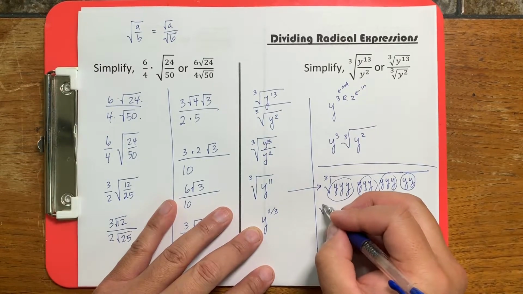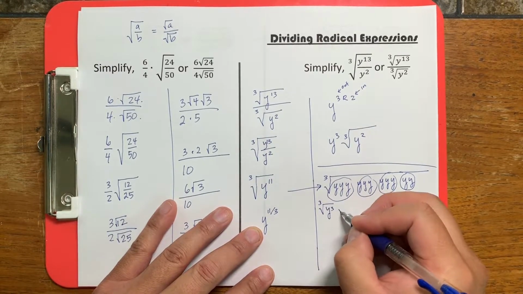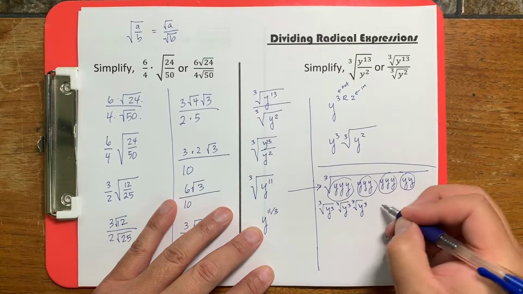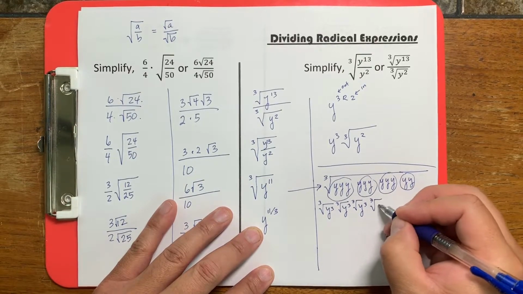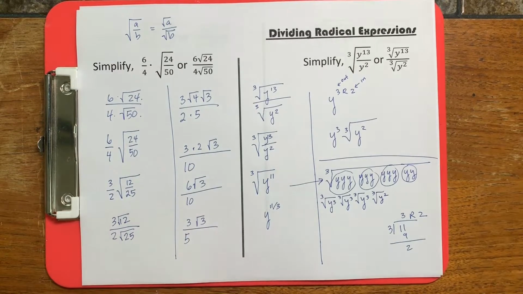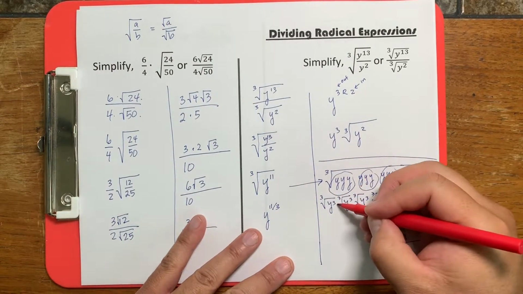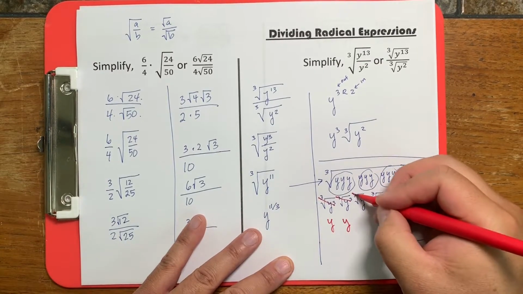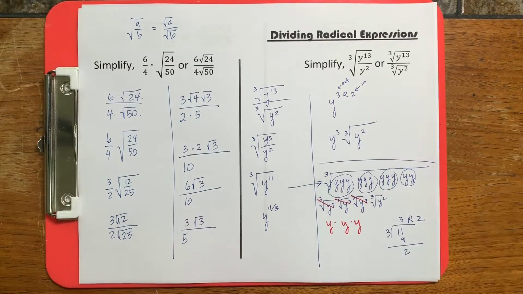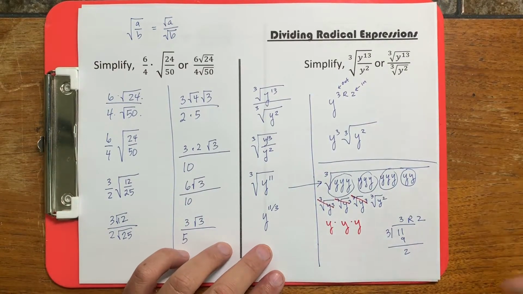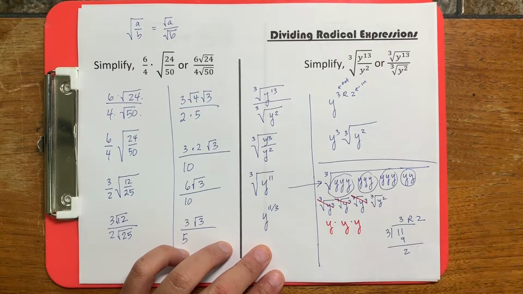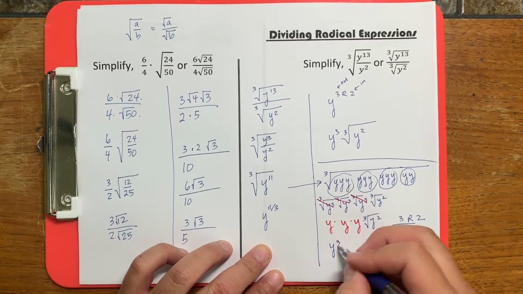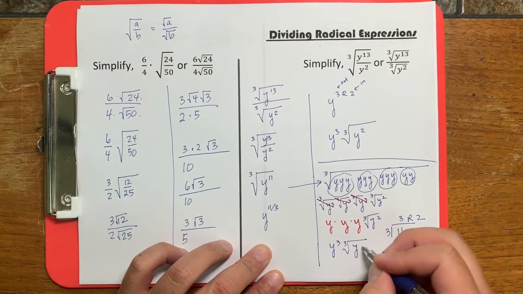We can think of this like cube root of y cubed, cube root of y cubed, cube root of y cubed, and then cube root of y squared. Since the index is equal to the exponent, each of these just turns into a y. What we're missing over here doesn't have enough y's to pull out of the radical, so this remains on the inside. So we have y cubed, cube root y squared.